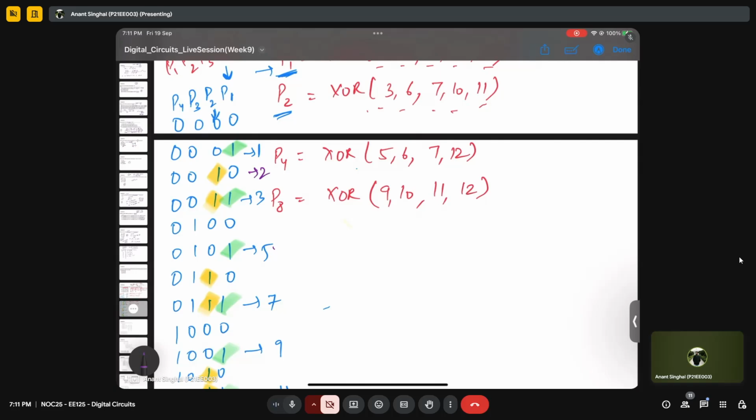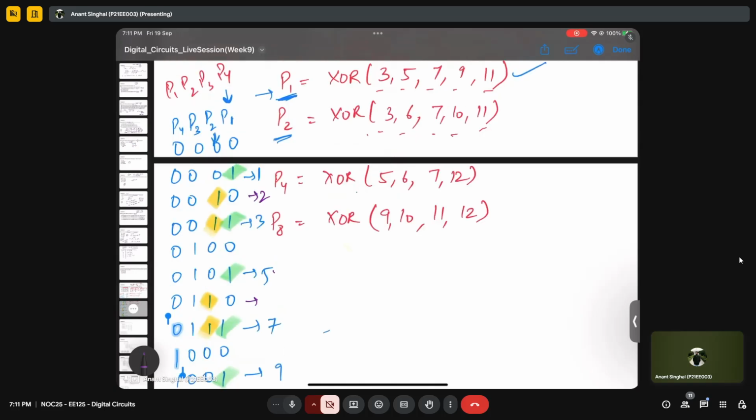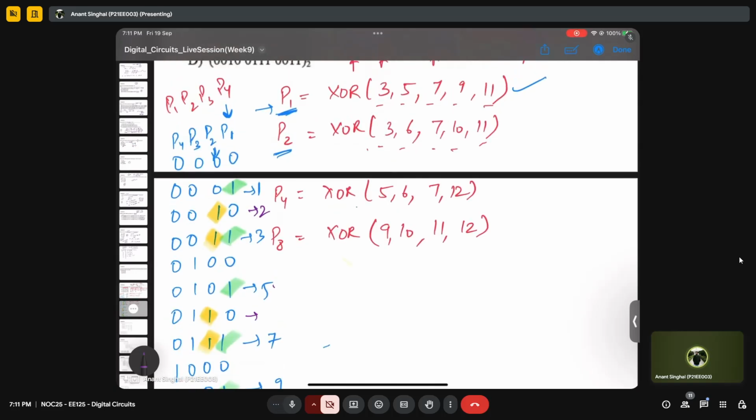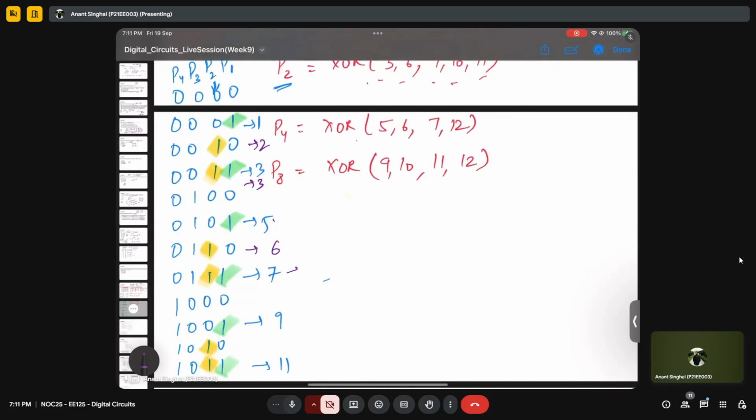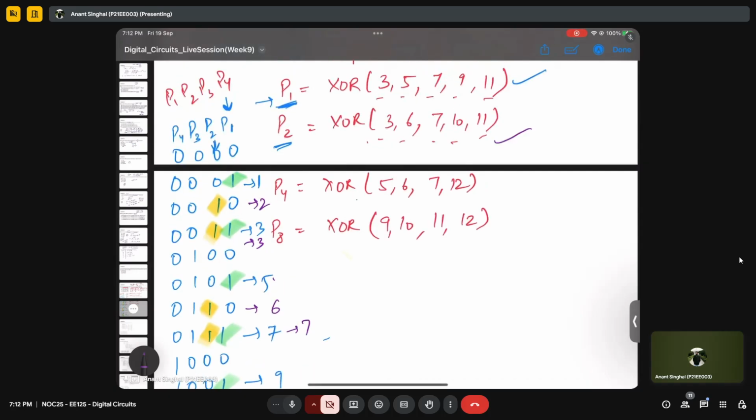Then we have 3, then 6, then 7, then 10 and 11. So this is how P2 comes. Similarly for P4 we take the positions where the third bit is 1, and for P8 we take the positions where the final bit is 1. Is it clear?